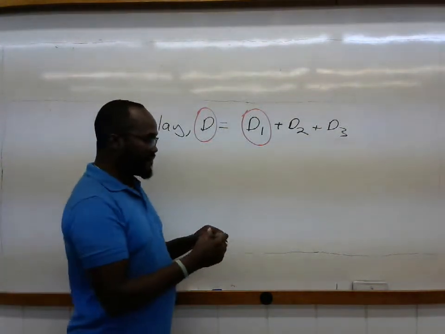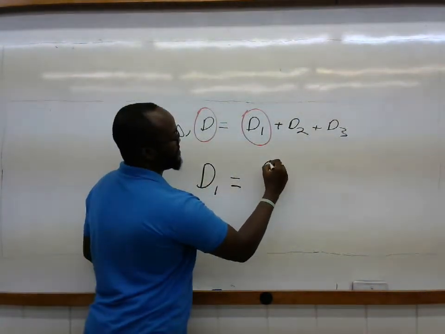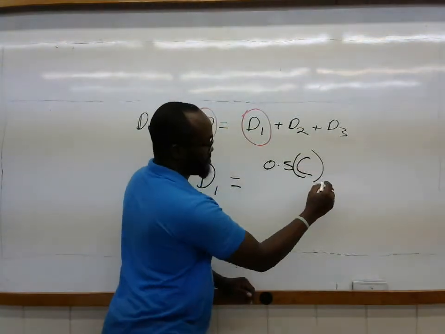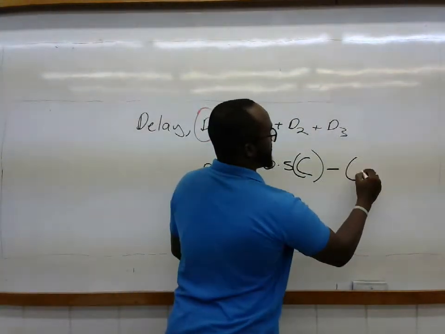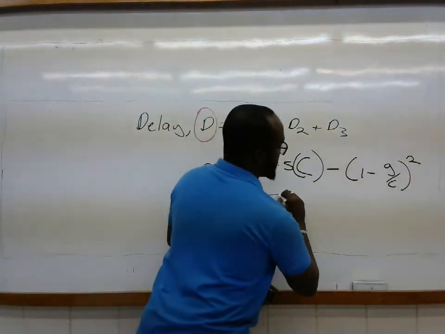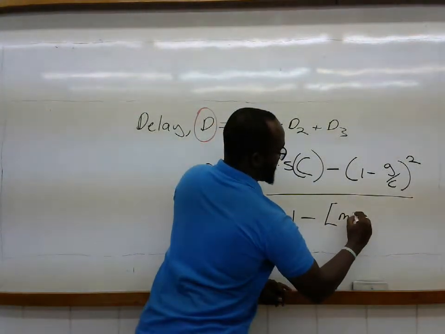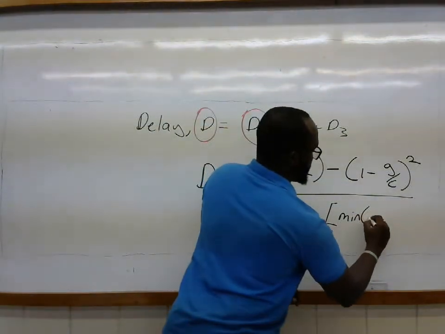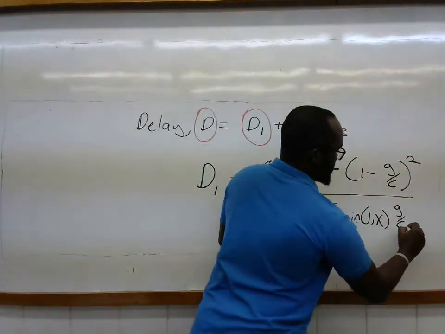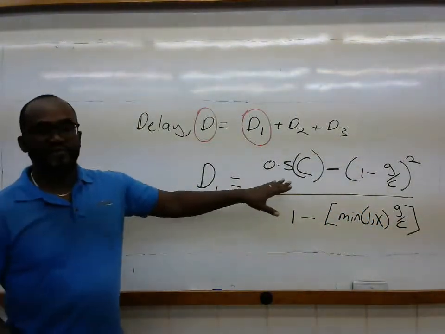So, our formula for D1 is as follows. So this is what the formula looks like.